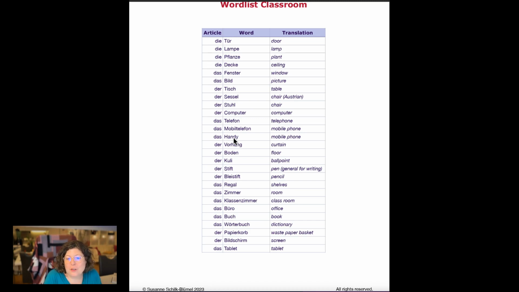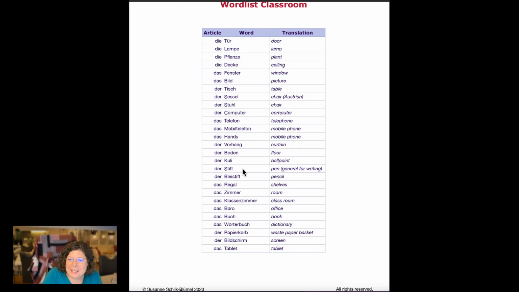As far as I know, it comes from the English word handy, meaning something that is practical, that is good to have around, that is convenient, you could say. However, many German speaking people in Austria or Germany, unless their English is really good, will not know that this is not actually an English word. Or it is an English word, but mobile phone does not mean handy in English. So I don't know how it came about. Obviously, somebody thought a mobile phone was handy.